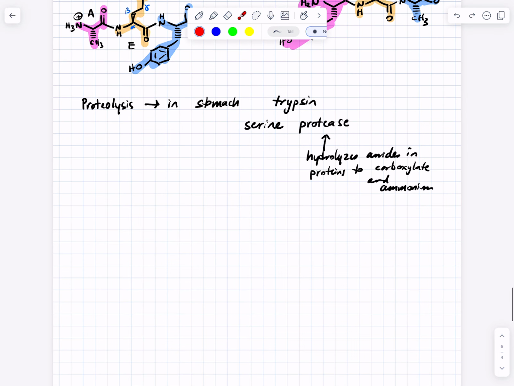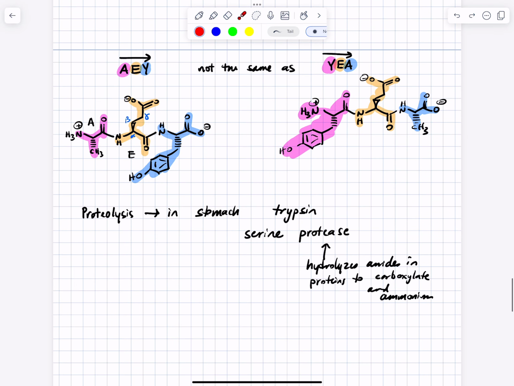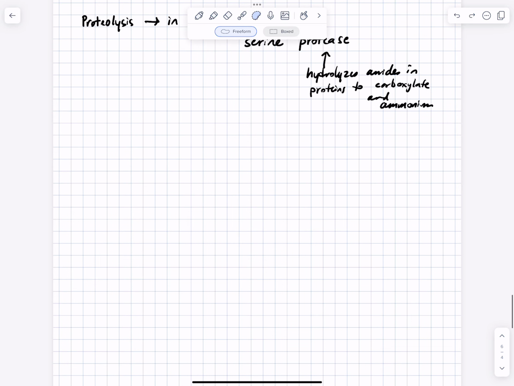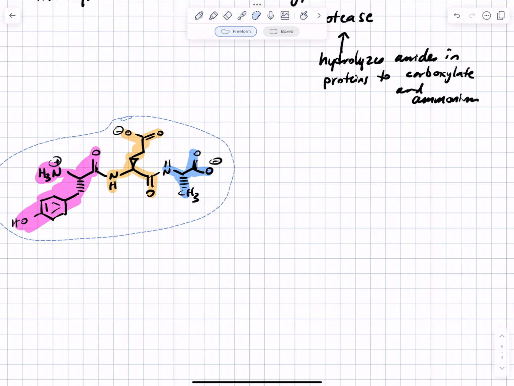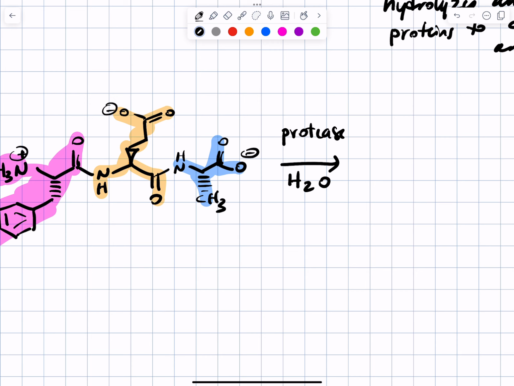For example, if we start with our YEA peptide, a protease would add water to break apart the amide bonds.